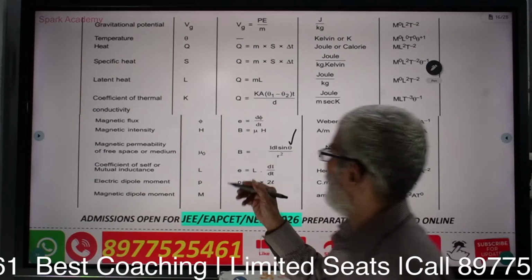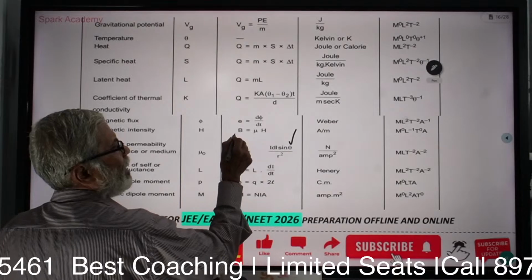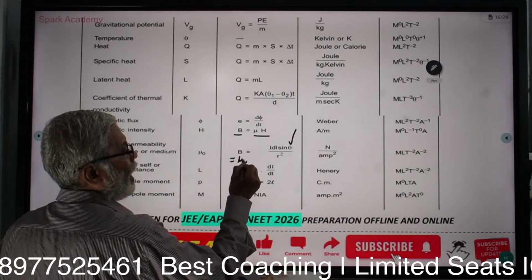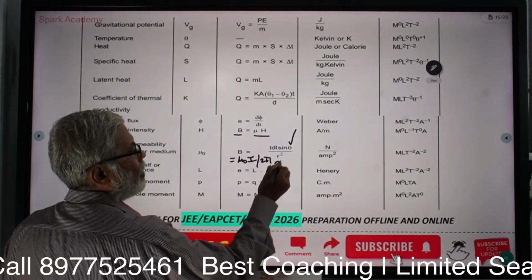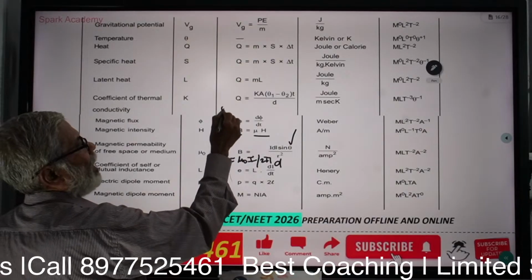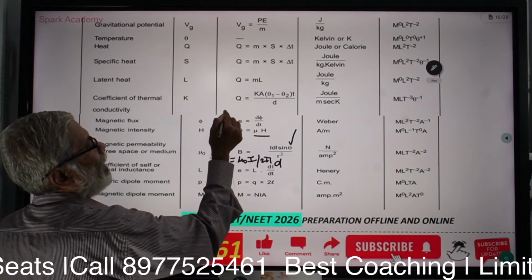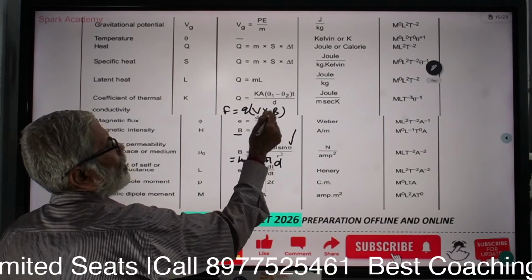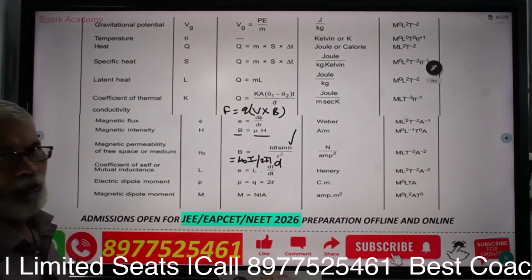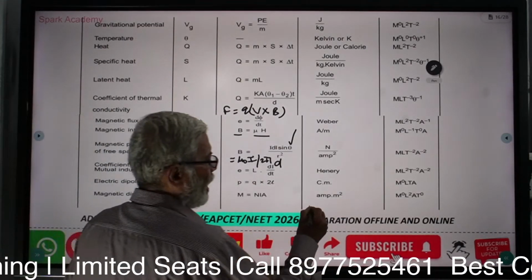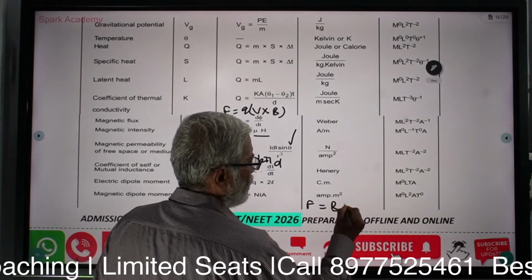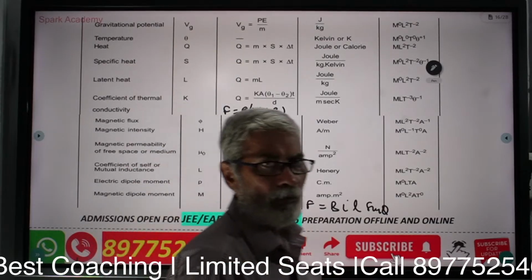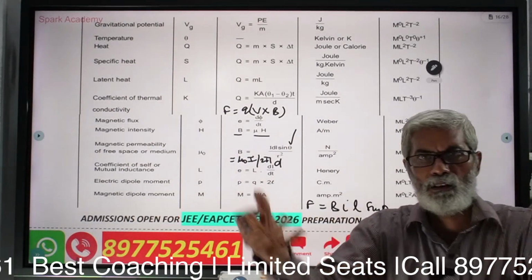Same B I can write as mu naught I by 2 pi D. Same B I can write as F is equal to Q V cross B, so from this also you can find out B. Same B I can write from F is equal to B I l sin theta. There are so many formulas for B. Whichever formula comes to your mind, accordingly you find out the dimension.